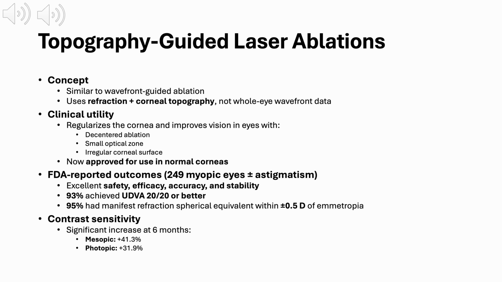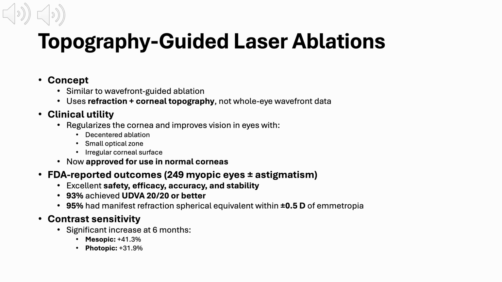Now let's talk about topography-guided laser ablations. Conceptually, this approach sits somewhere between Wavefront-optimized and Wavefront-guided treatments. Like Wavefront-guided ablation, it's a customized treatment, but instead of using whole-eye wavefront data, it relies on manifest refraction combined with detailed corneal topography.